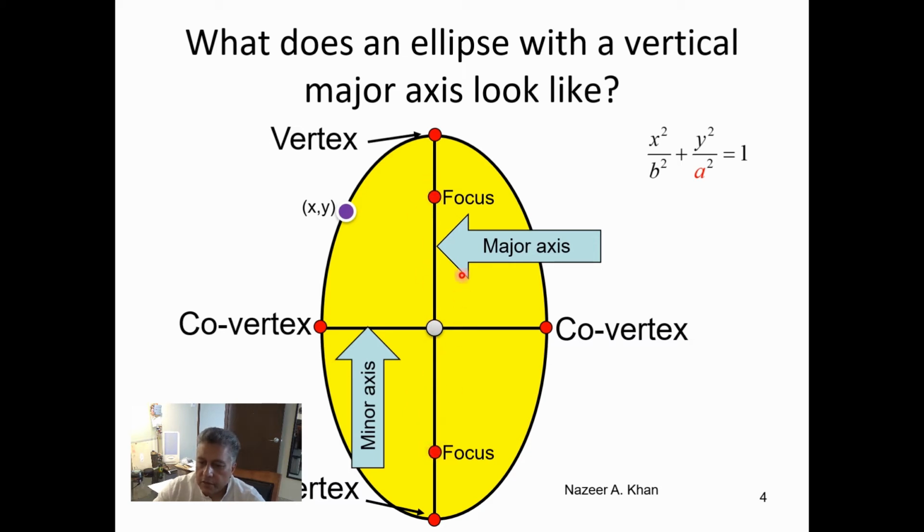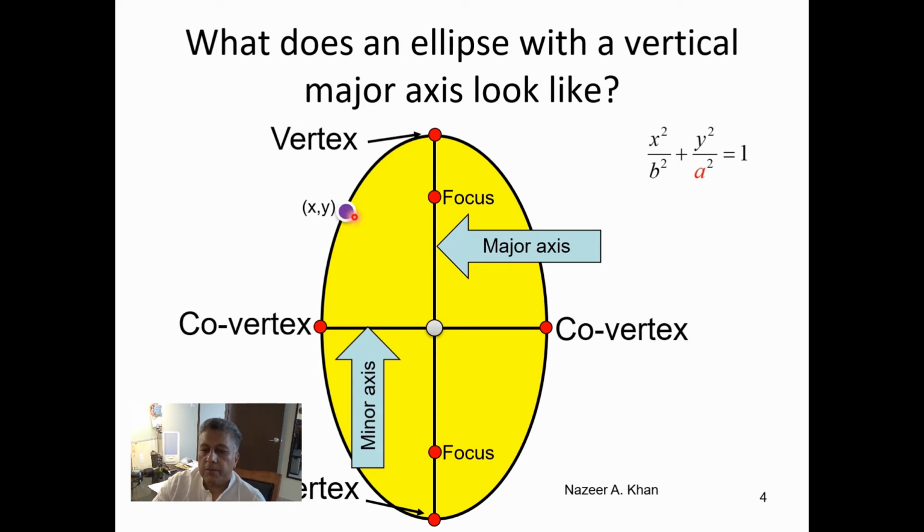These two foci are inside the ellipse along the major axis, and the distance from here to there is considered to be C. The distance from the vertex to the center is considered to be A. The distance from the center to the co-vertex is considered to be B. We know that these are 1/2 of the major and minor axis, major axis being A, minor axis being B.